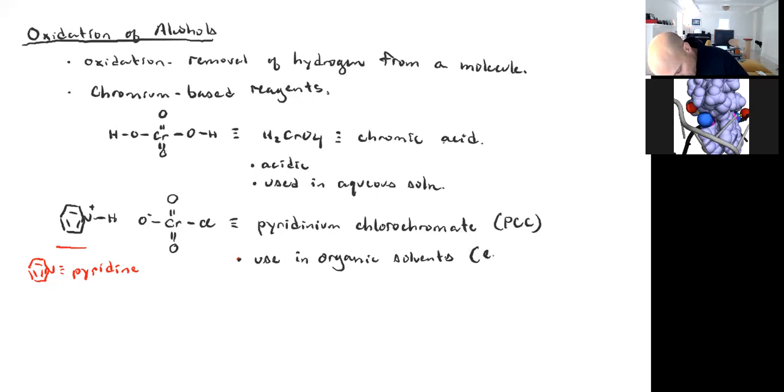And the one that's commonly used is dichloromethane, CH2Cl2. Okay, and then finally, it's not acidic, at least not in the way that chromic acid is, right?